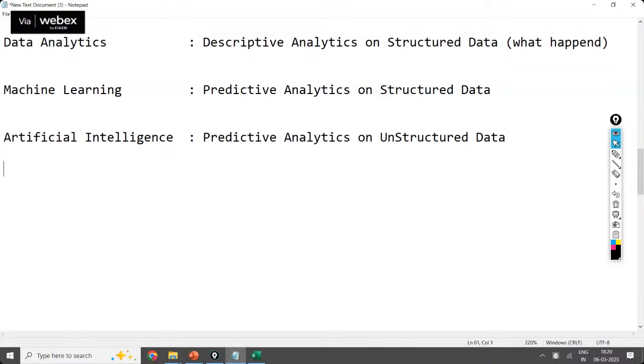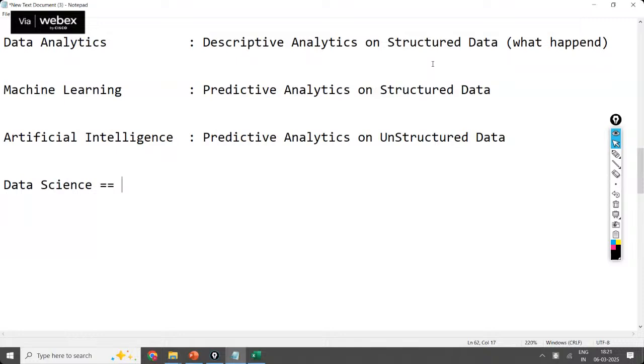Okay. Now, what is data science? Data science is a combination of these three: data analytics, machine learning, and artificial intelligence. Sometimes you may work on data analytics only, sometimes on ML, sometimes on AI. We don't know. Why, sir? Because in whatever company you work, as of now you may get this project.